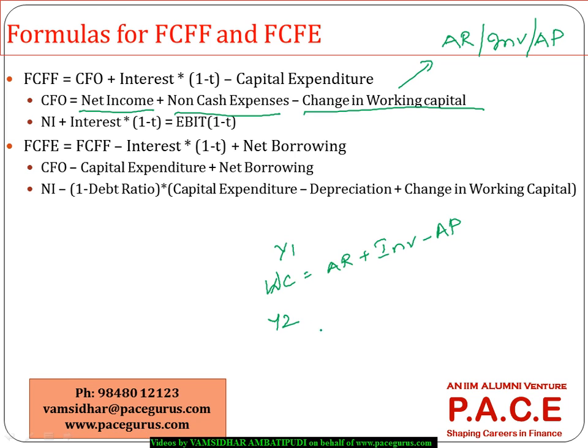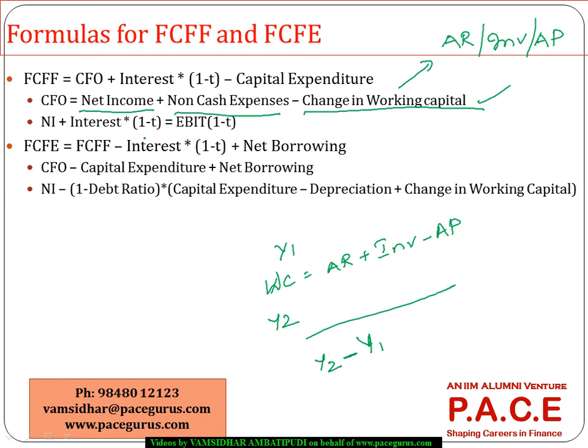Similarly for year 2, I can compute the same. So year 2's working capital minus year 1 working capital is the change in working capital. If it is positive, my cash is going down. If it is negative, my cash is going up.